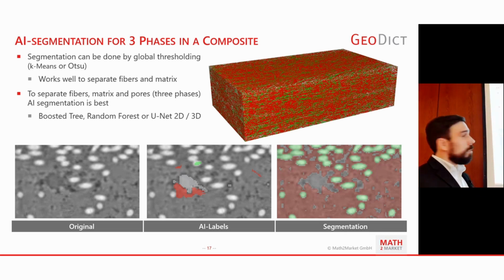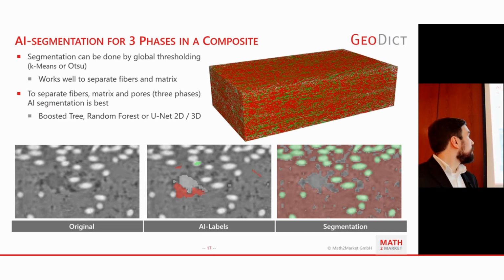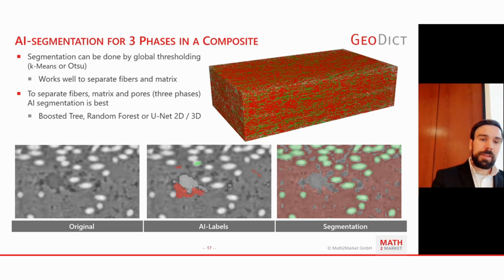So I have now here a nice slide on the AI segmentation. That is a 3-phase segmentation you're seeing here. If you have simple 2-phase segmentations, often the Otsu method can be enough.